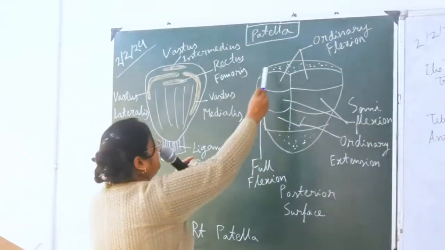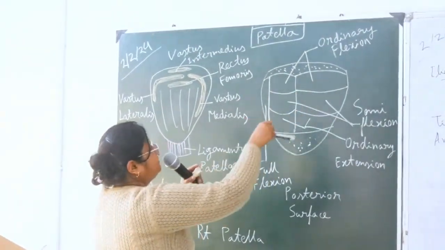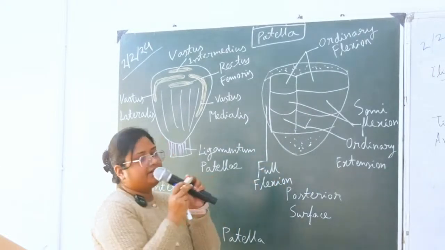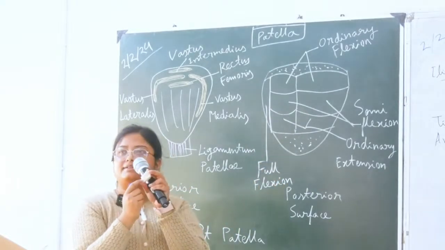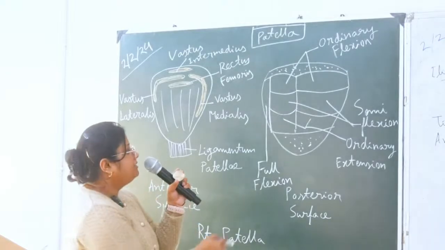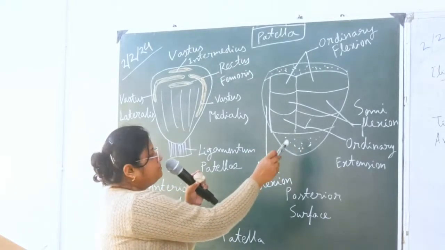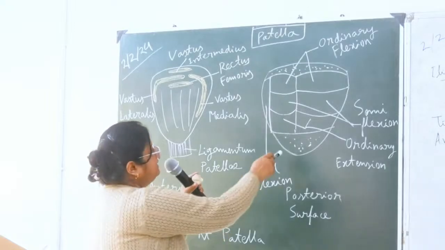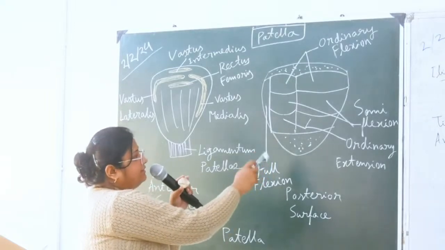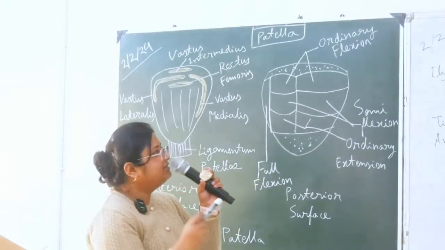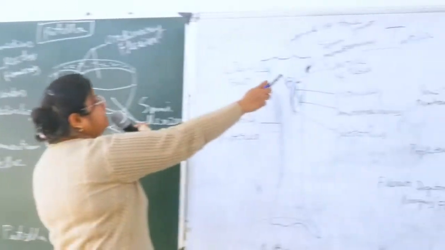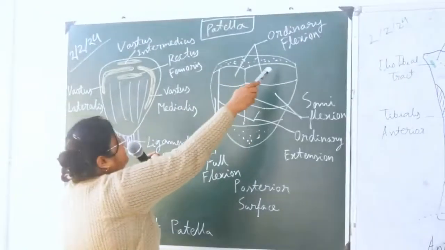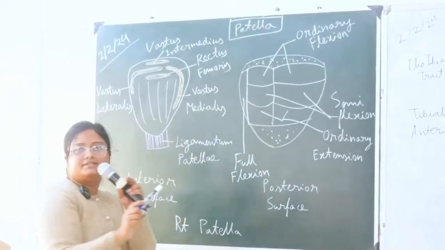In the posterior view, you can see this large articular area is present, and near the apex there is a rough area, which is for attachment of the ligamentum patellae. The other end of the ligamentum patellae is attached to the tibial tuberosity.